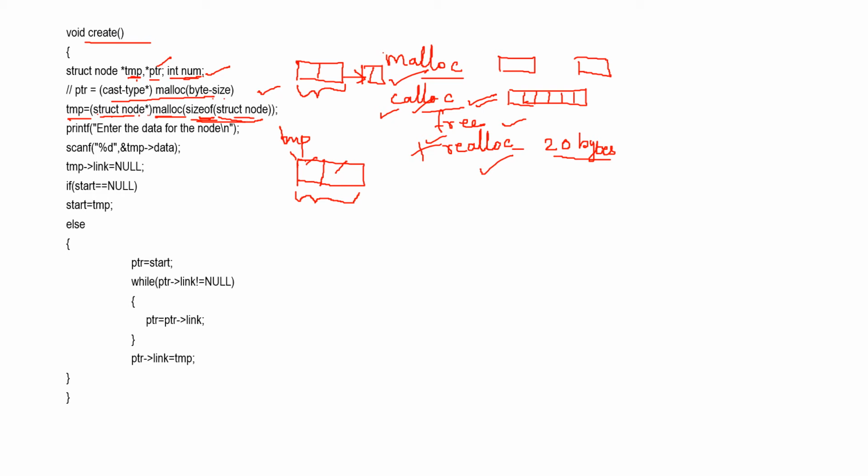Next, I'm going to prompt my user to enter the data for the node. In order to get the data from the user, I'm using scanf %d &temp->data. This operator is called the dereferencing operator. Why should we use it?